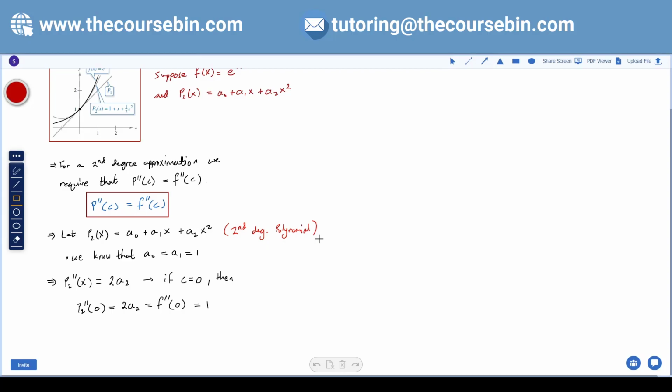Okay, so now we know that 2 times a2 must be equal to 1. Right, so we have 2 times a2 is equal to 1, which means that a2 must be equal to 1/2.